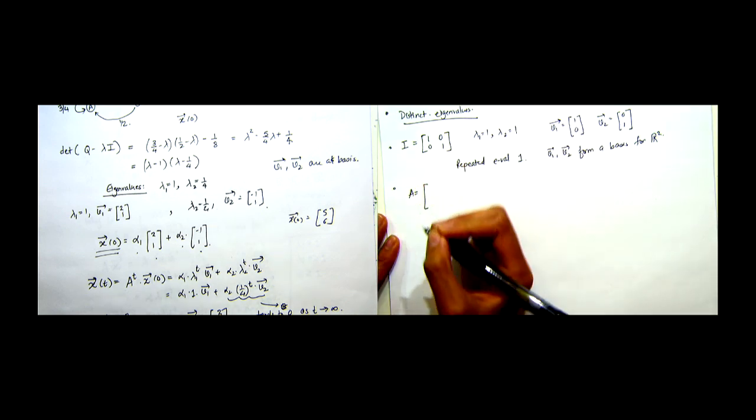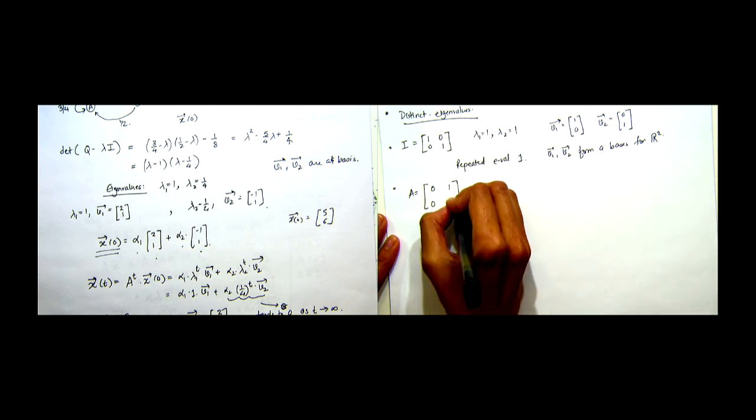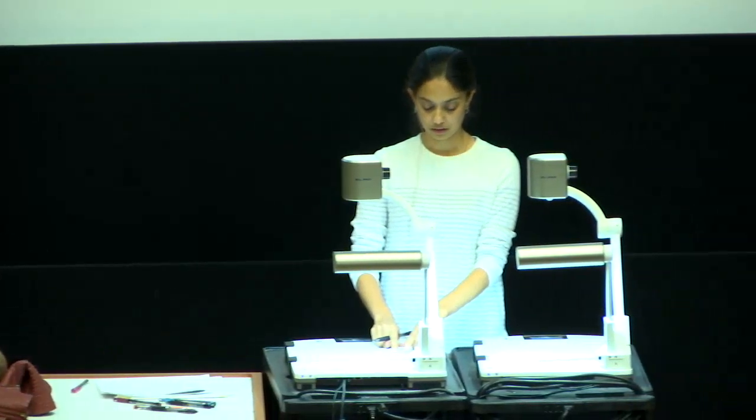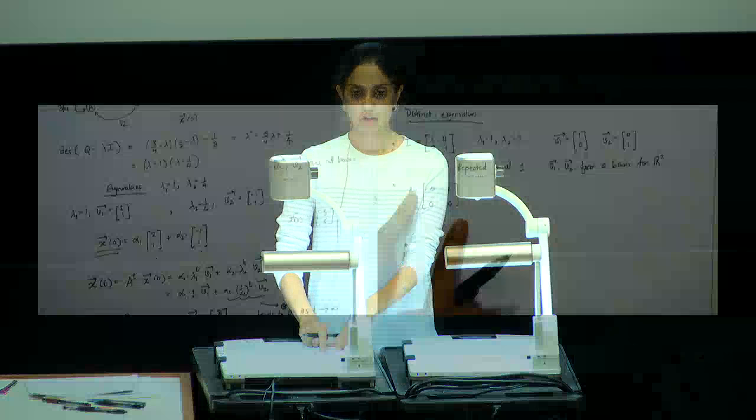Okay. What if we consider this other matrix, which is the following: 0, 1, 0, 0. What are the eigenvalues of this? If I take A minus lambda I, what am I going to get on the diagonal?